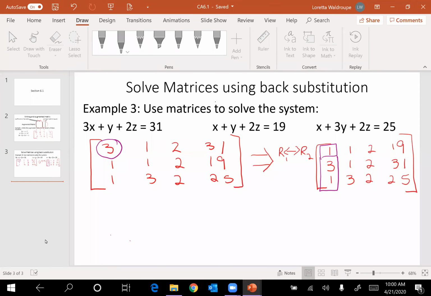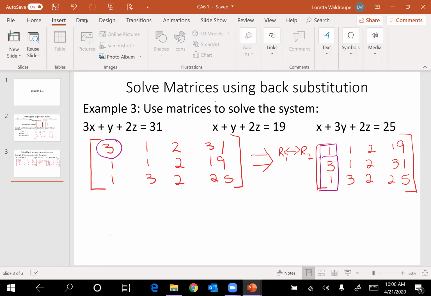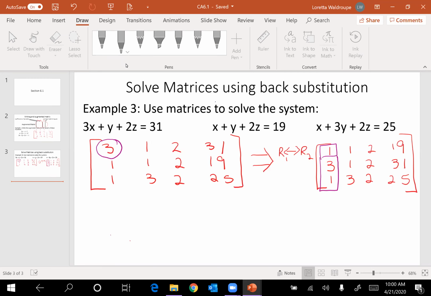So I'm going to take -3 times row 1 and add it to row 2.